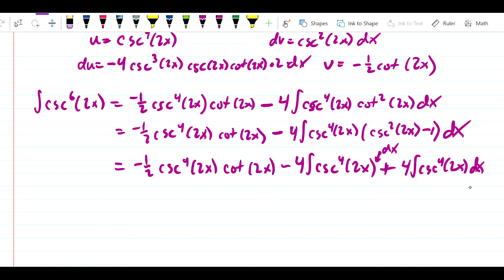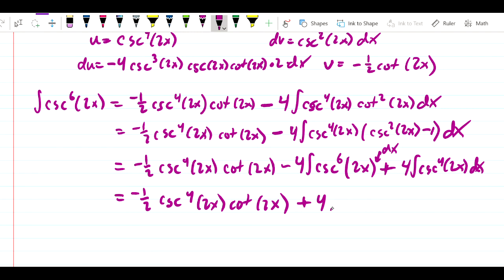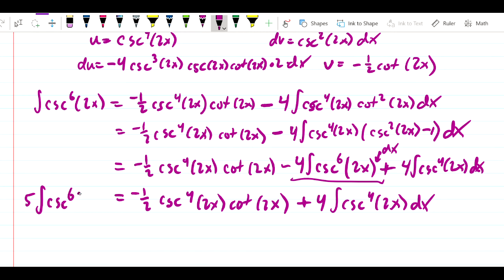I want to do this correctly. This should be the 6th 2x. There we go. That's now correct. Okay, so this is negative 1/2 cosecant to the 4th 2x cotangent 2x, and I'm going to keep the 4th on one side, so that's plus 4 integral of cosecant to the 4th 2x dx. This term gets moved over to the other side, so that's going to be 5 integral cosecant to the 6th 2x dx, like that.